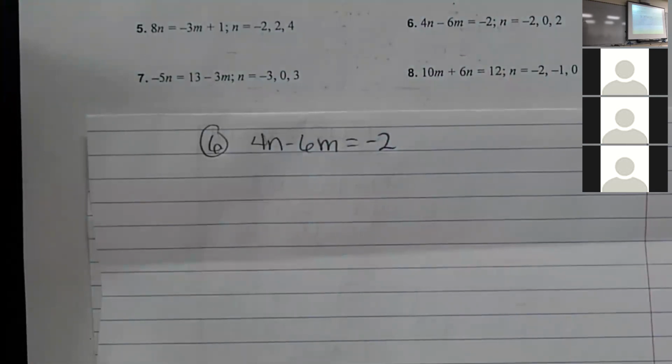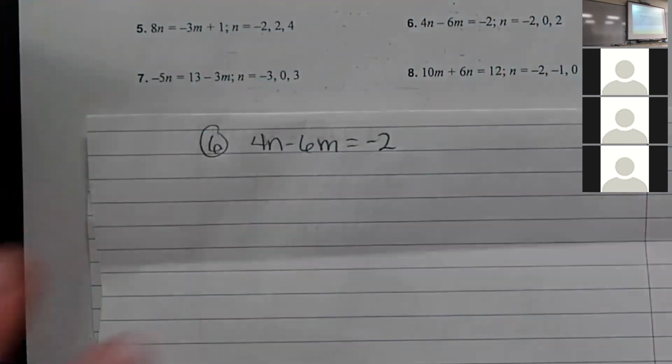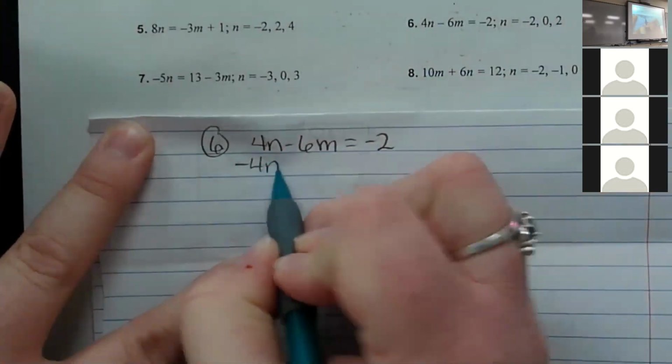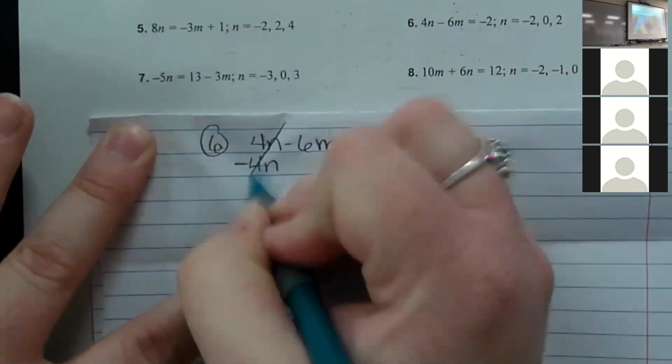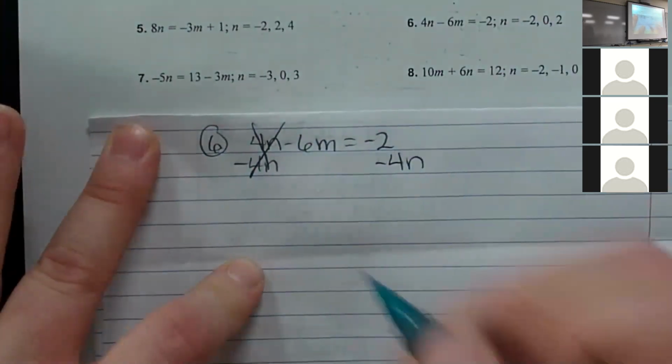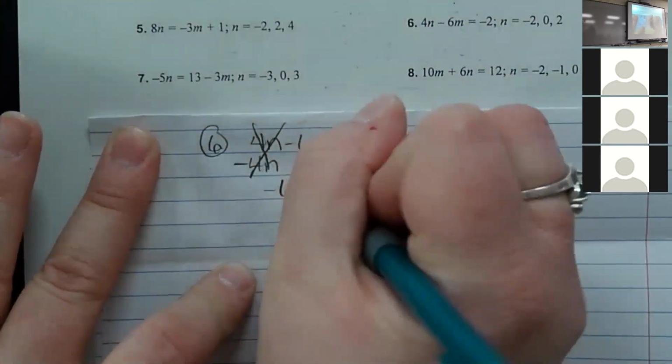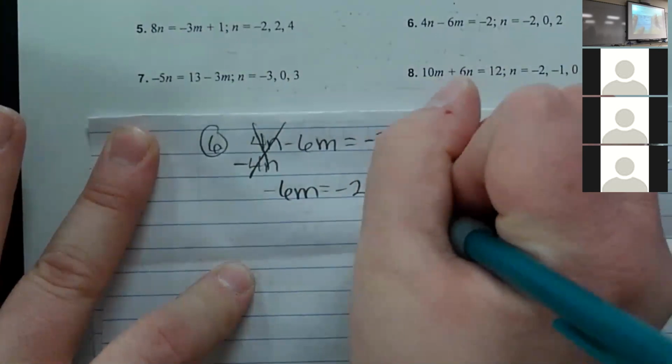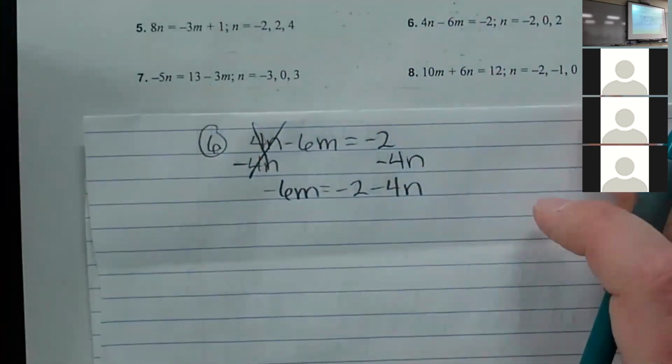Again, we want to get m by itself. So how am I going to move over that positive 4n? Minus it, yep. Minus 4n, slash and burn those ones, they're done. So I have negative 6m equals negative 2 minus 4n.